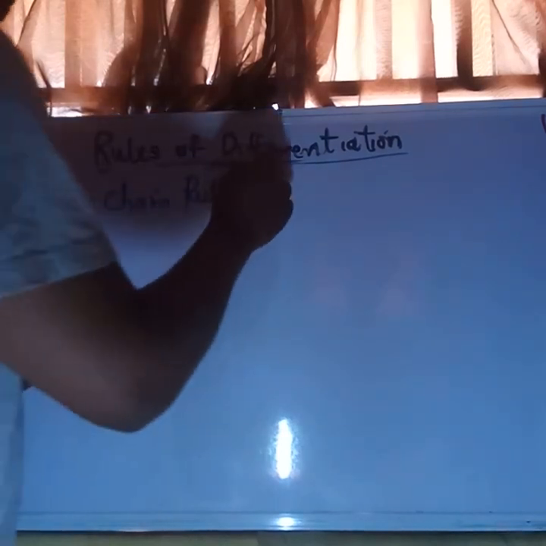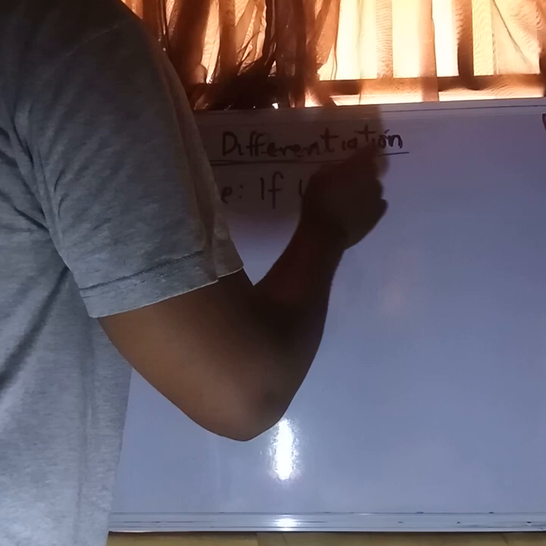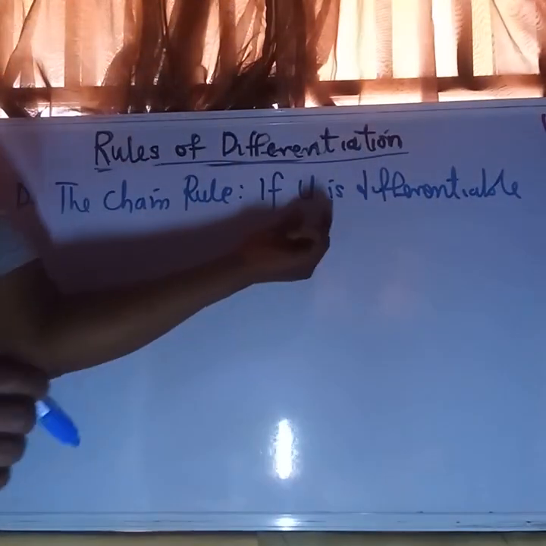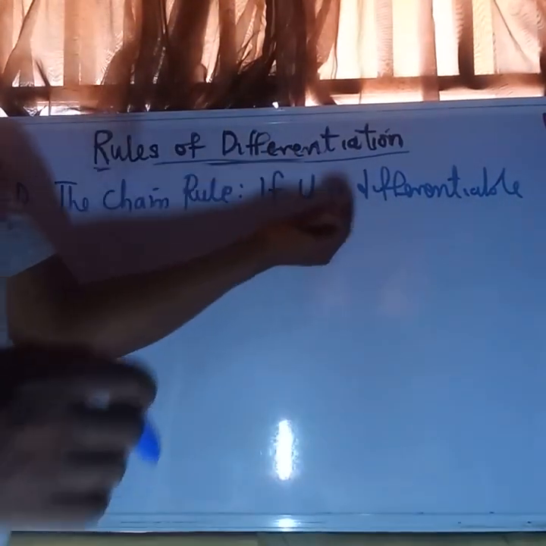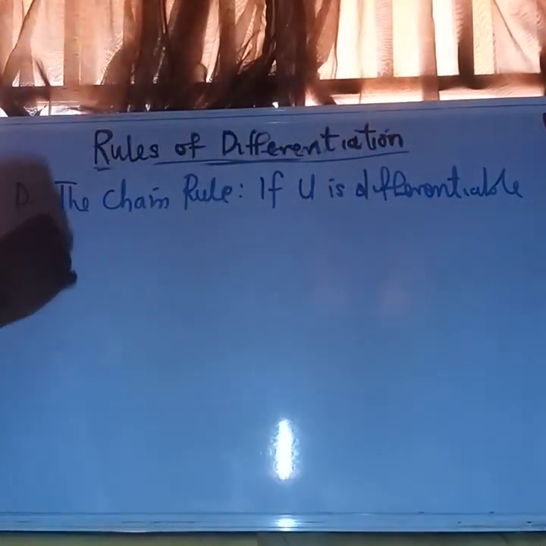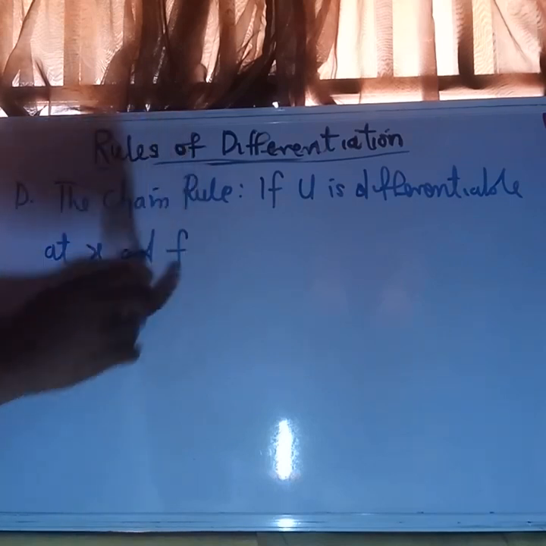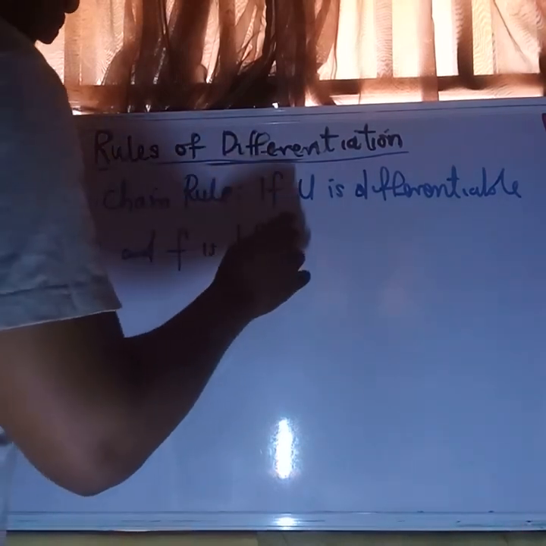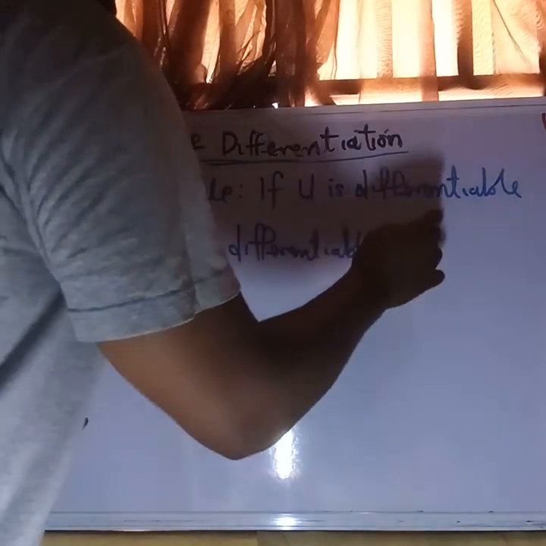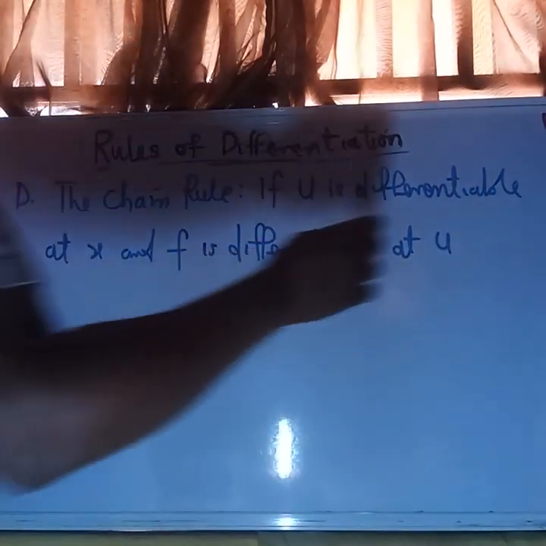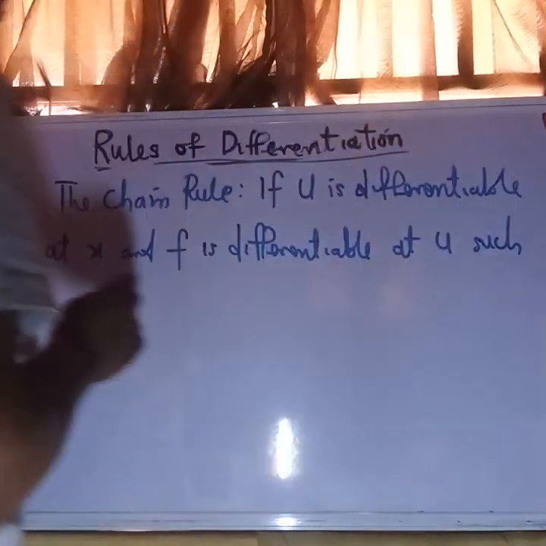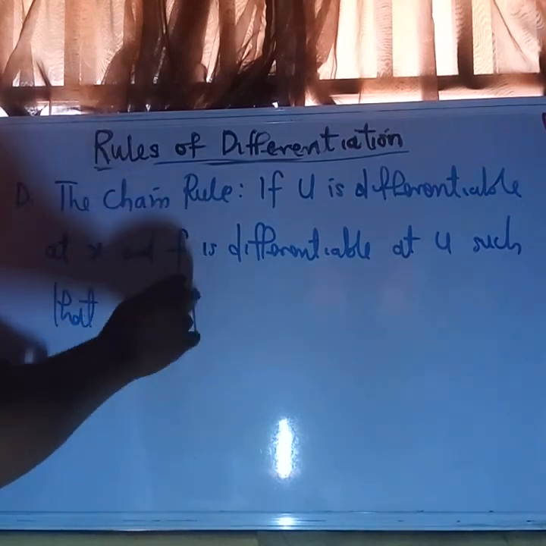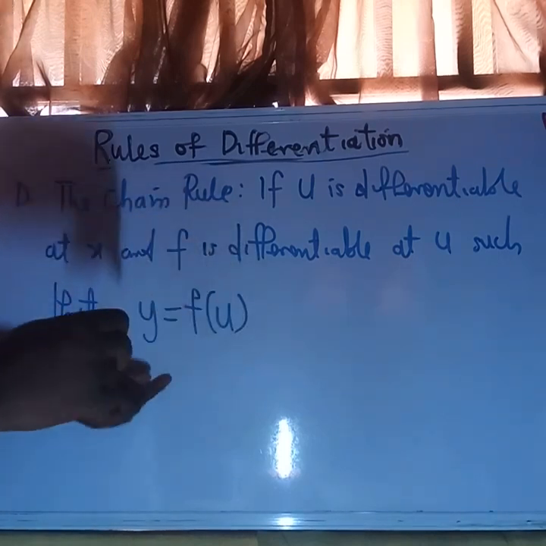So the chain rule: if u is differentiable at x, and f, which is an expression of u, is differentiable at u, such that there is a function y which is a composite function, and that y is given as y equal to f of u.